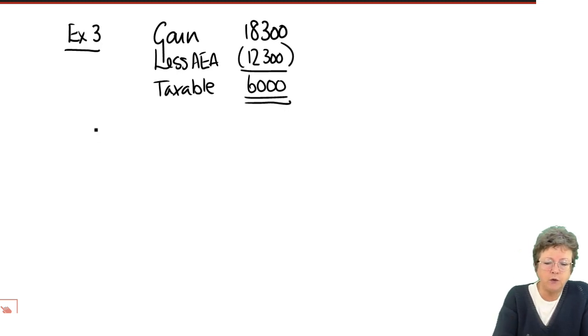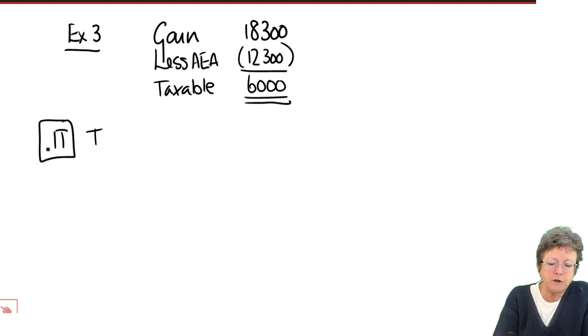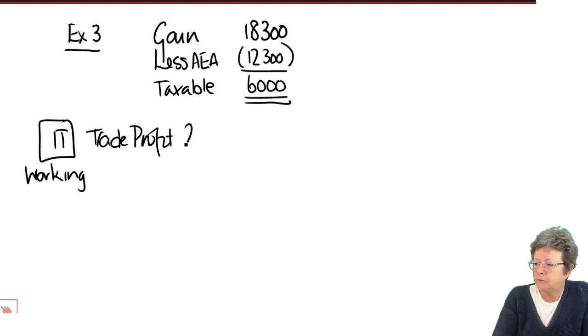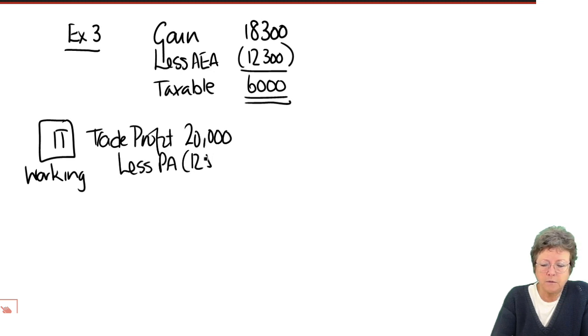So let's do a bit of working. So the question, the IT position, which is in the working, again clearly show he got trade profits, hadn't he? 20,000. Let's deduct the personal allowance. Which gives us that.